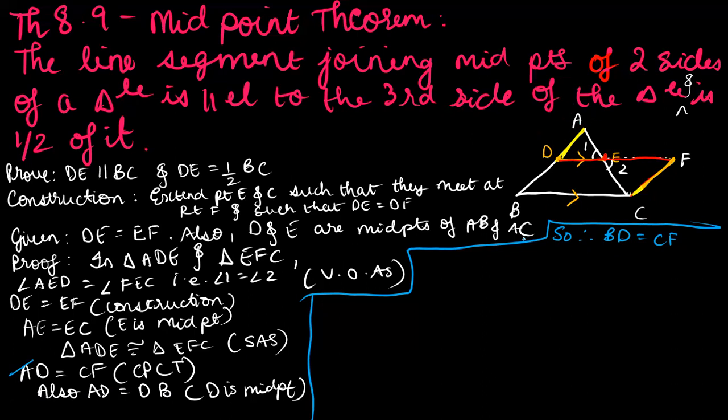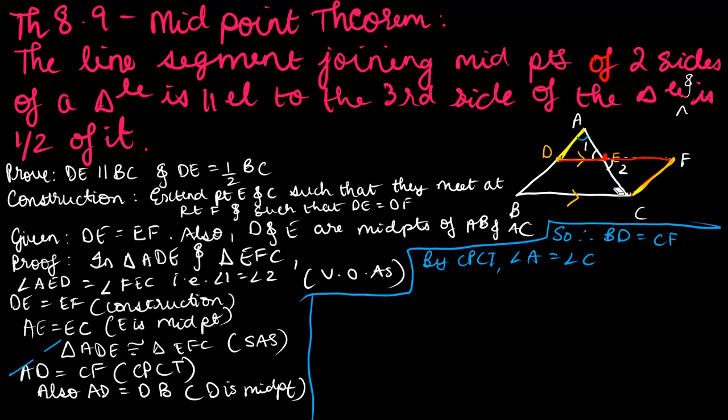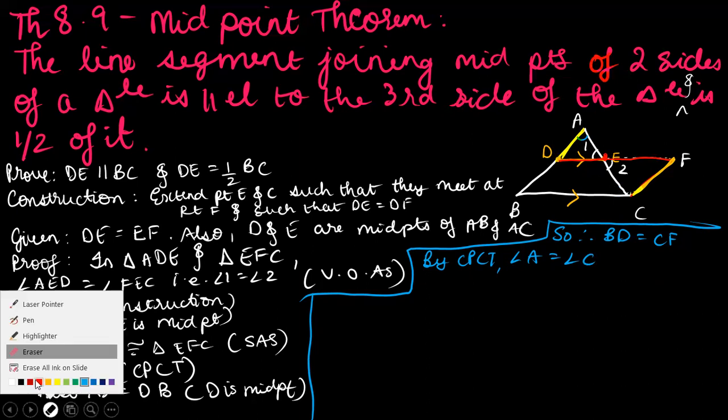Clear? Now, since I proved that triangle ADE is congruent to triangle EFC, I can say that by CPCT, angle A is equal to angle C. Not angle ACB, I'm talking about angle ACF.